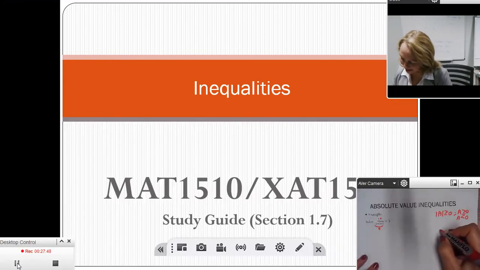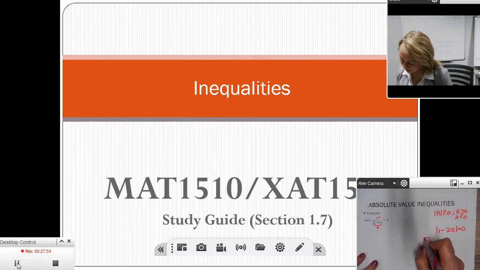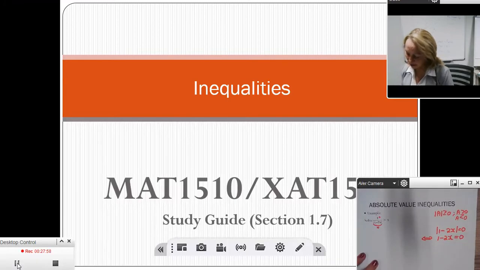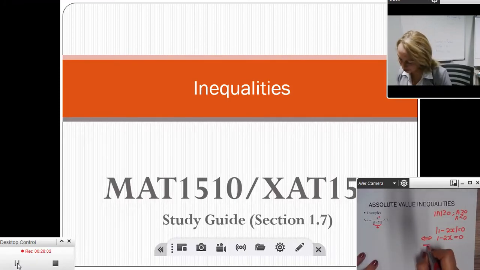Okay, so let's have a look. Where is the absolute value equal to 0? Well, that will happen if and only if the denominator is equal to 0. That's the expression between the absolute values, which happens if and only if x is equal to half.